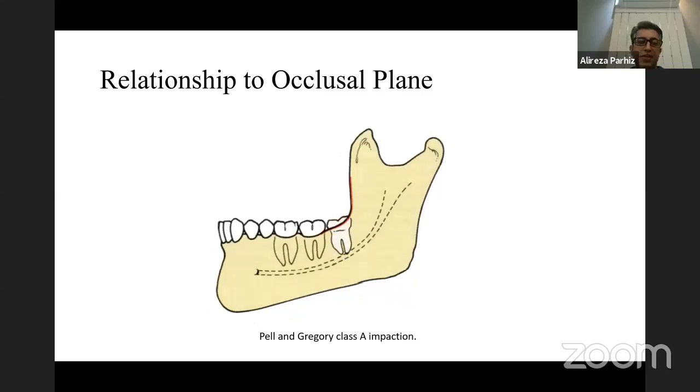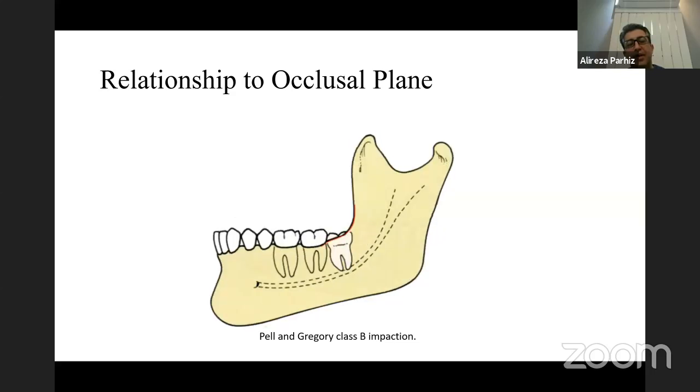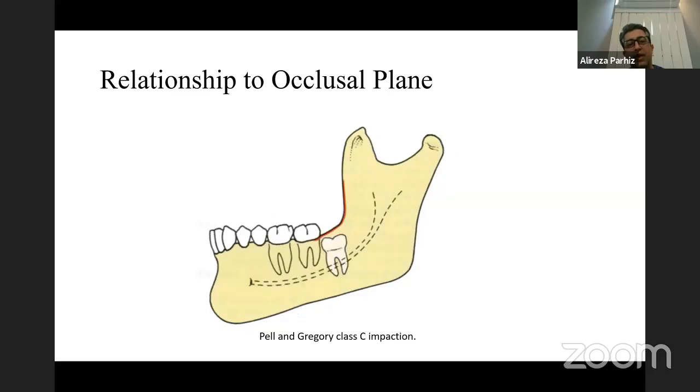Another classification is according to the occlusal plane. In class A, the crown is at the same plane as the second molar, class B is half in the occlusal plane of the second molar, and class C is a completely bony impacted tooth.